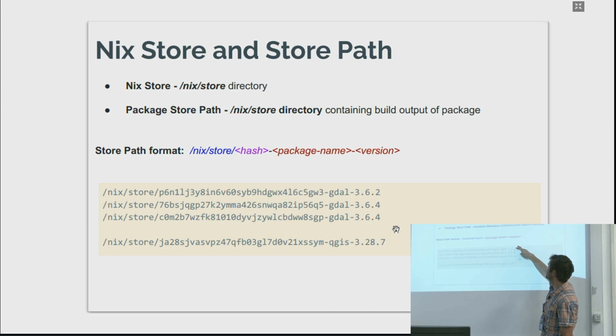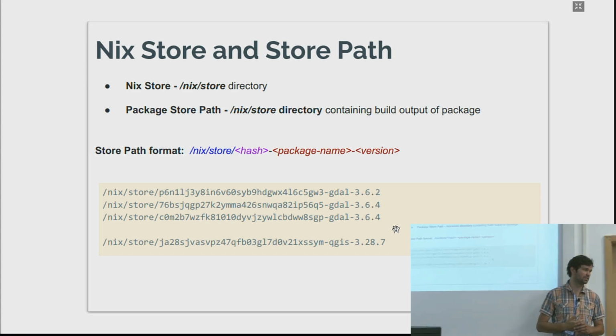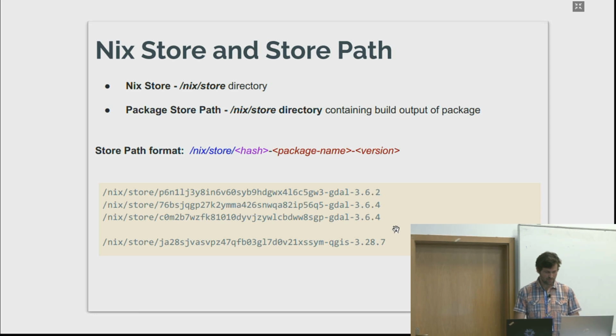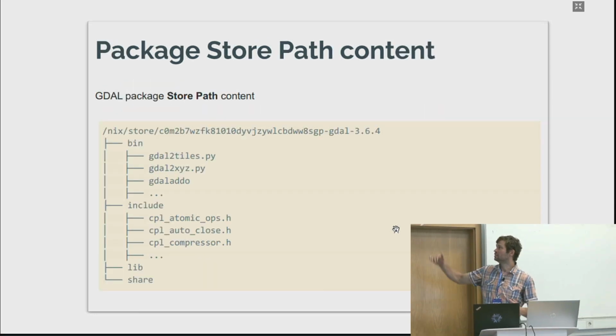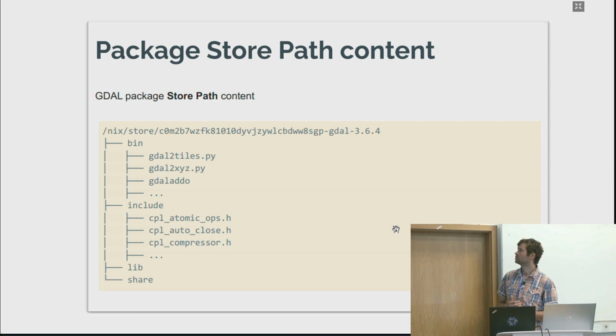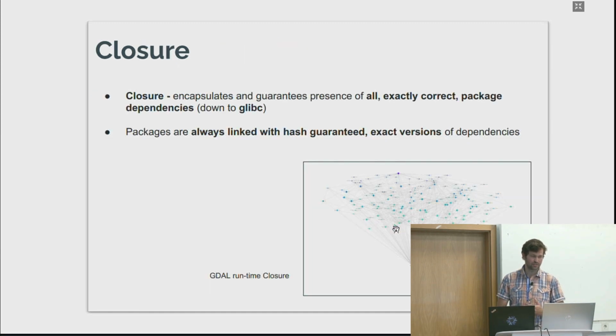So we see we have the same version of GDAL multiple times, which means that I probably built GDAL with a different patch or different build configuration here, and I can run them. This is the content of the directory, a familiar directory structure of GDAL, nothing extremely special there.